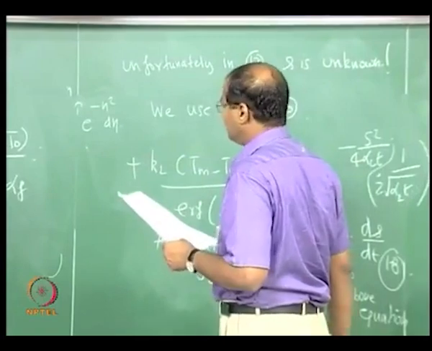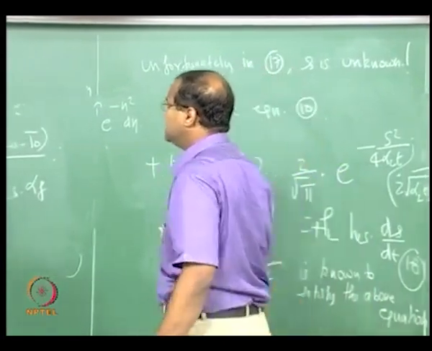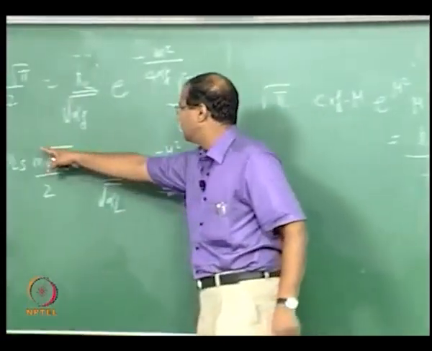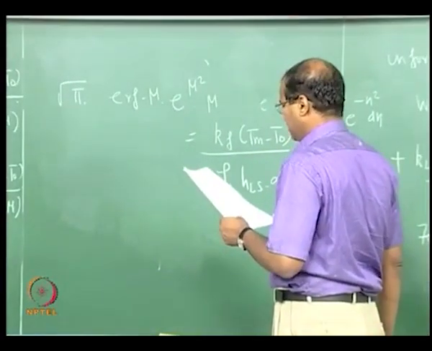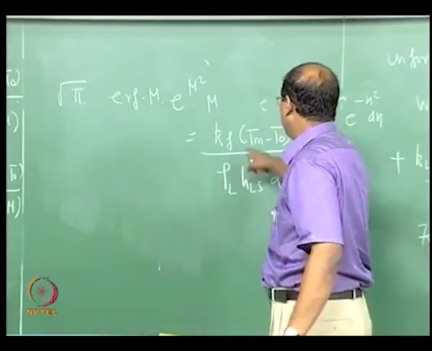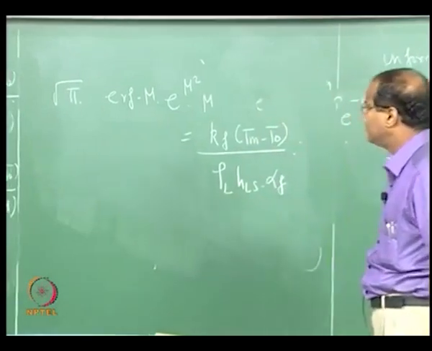Root pi mu e to the power of this, e to the power of minus mu square, I am taking it to the left hand side, okay, and mu is equal to kf rho l Tm minus T naught.